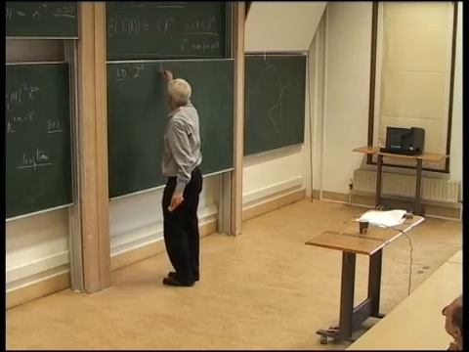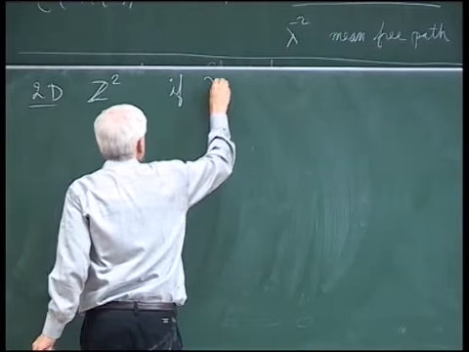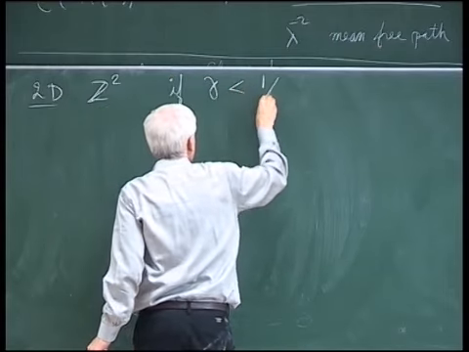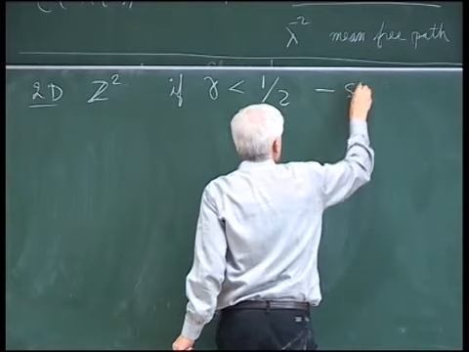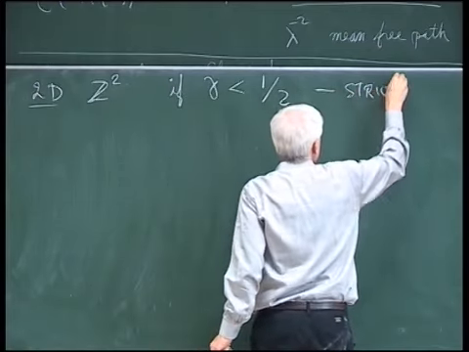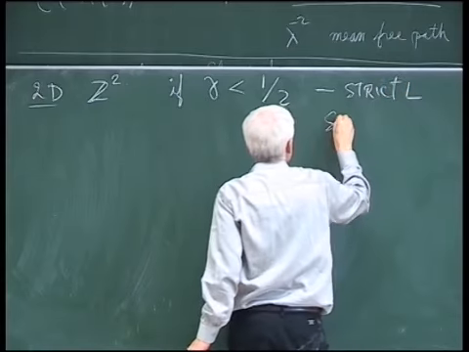If gamma is less than 1/2, that means strictly subdiffusive.